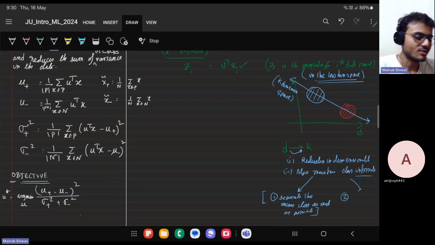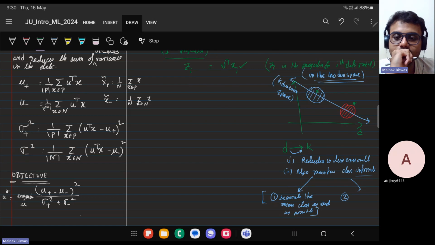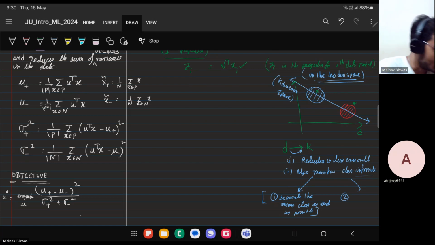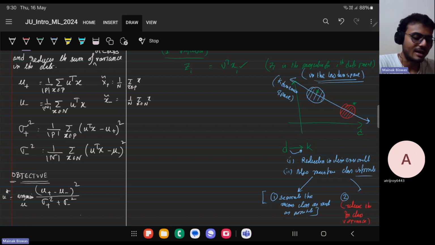If I can separate the means of the classes, I will be a bit happy compared to if the means were very close to one another. Also reduce the in-class variance. If you understand this, then the math is like 2 lines.